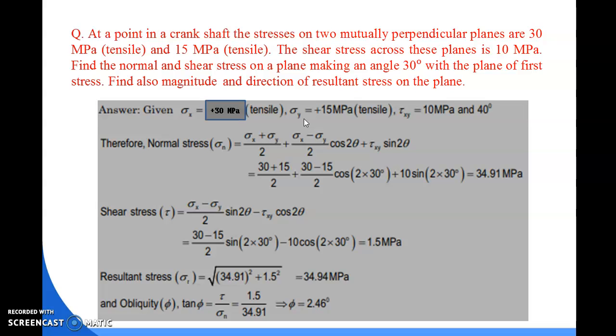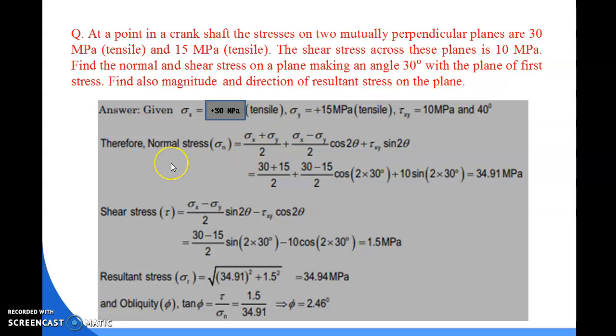Both are positive due to being tensile in nature. So sigma x equal to 30 MPa, or Newton per mm square, and sigma y equal to 15 MPa, or 15 Newton per mm square. Then the shear stress is 10 MPa, and theta is 30 degree.